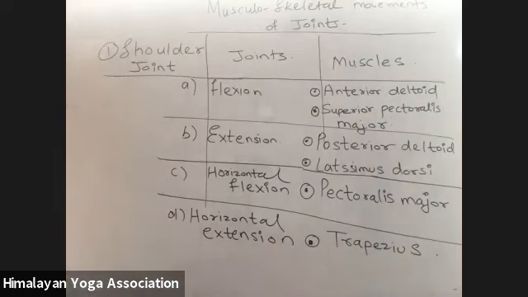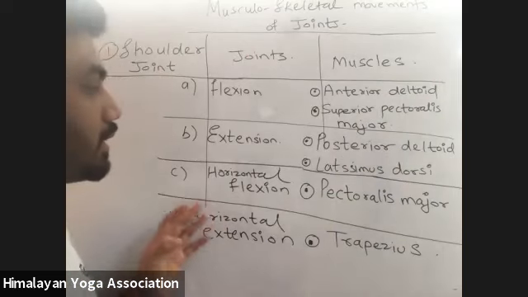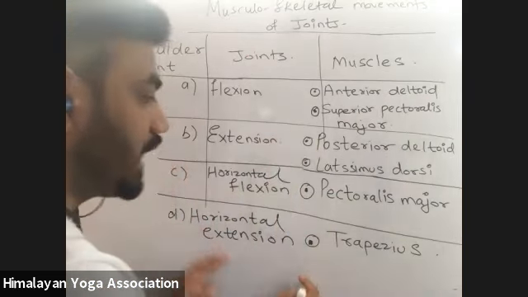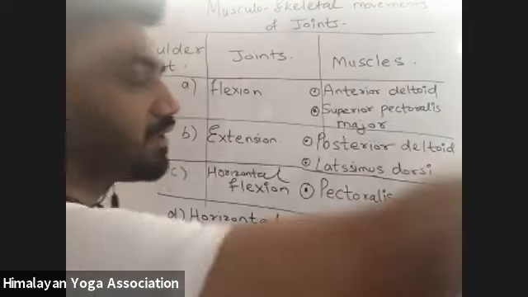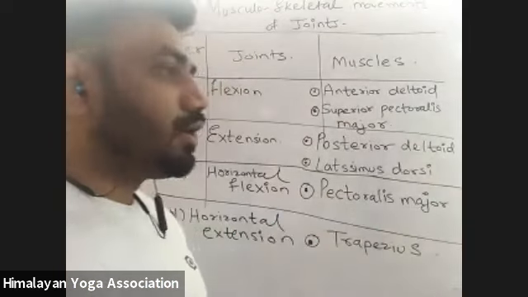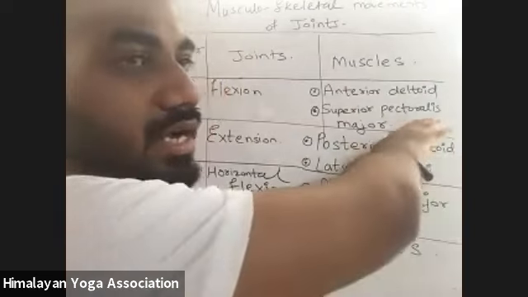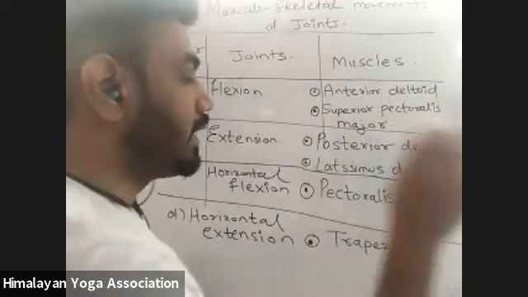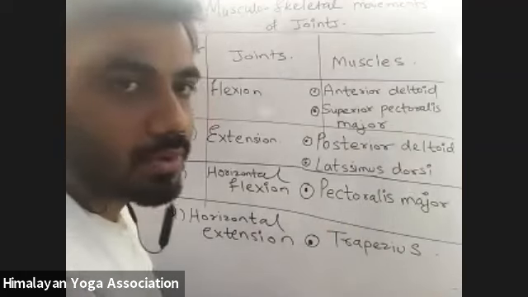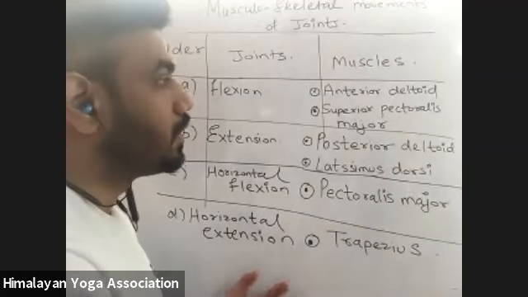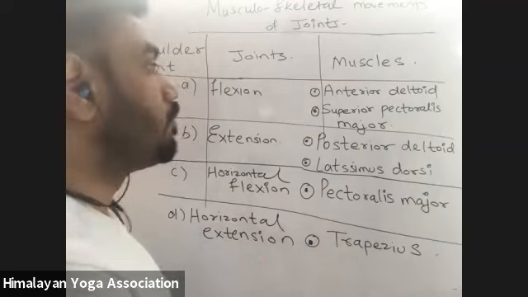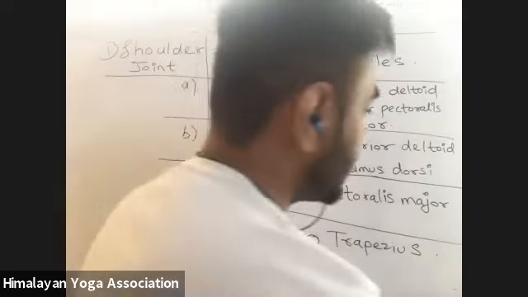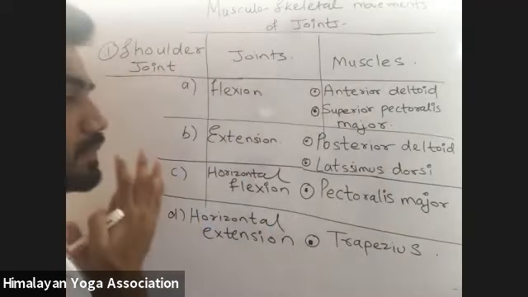So these are the shoulder movements. Up till now, we have seen flexion in the front, extension in the back, horizontal flexion inside, horizontal extension outside from the midline. Now, we will see 4 more movements and their muscle engagement with the shoulder joint.